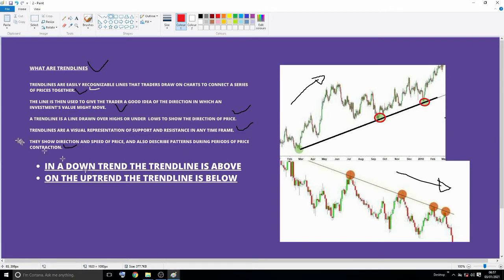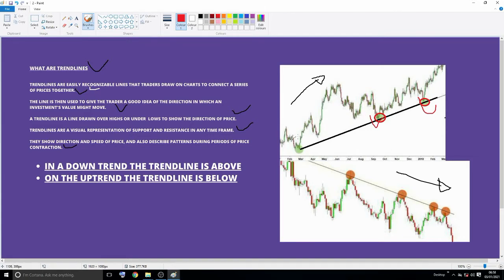So trend lines are drawn over highs and lows to see the direction of the price. So we draw trend lines to see where the price is going, and if it keeps on creating lower lows and lower highs, we know that we are in a downtrend.